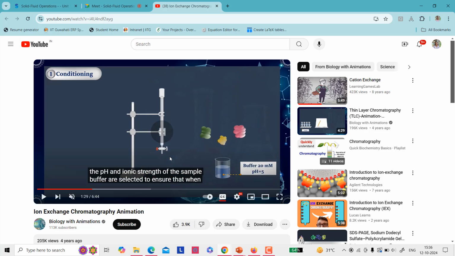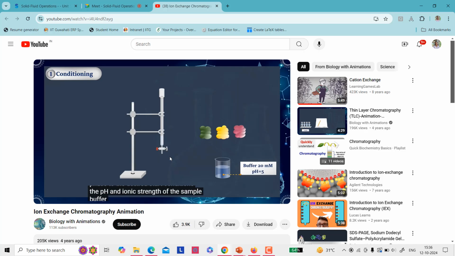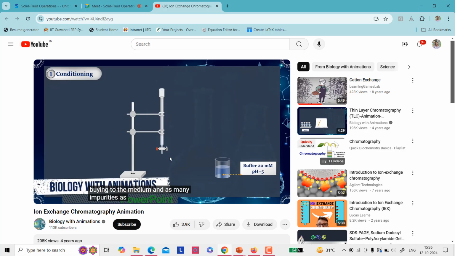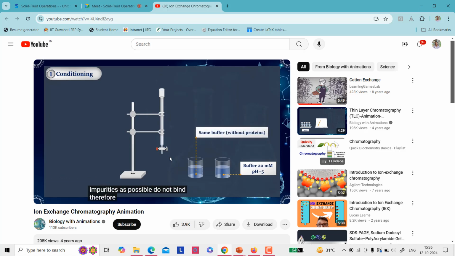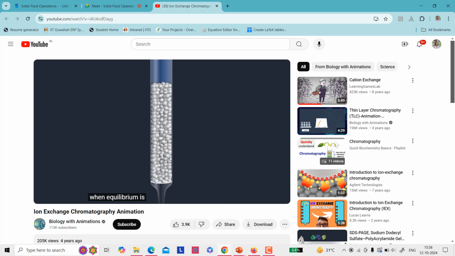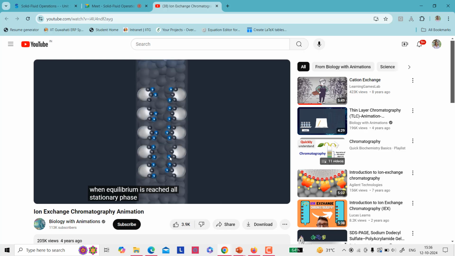Start conditions: the pH and ionic strength of the sample buffer are selected to ensure that when sample is loaded, proteins of interest bind to the medium and as many impurities as possible do not bind. Therefore, the same buffer is used for the equilibration of the stationary phase. When equilibrium is reached, all stationary phase charged groups are bound with exchangeable counter ions such as chloride or sodium. You can see how they are connected.